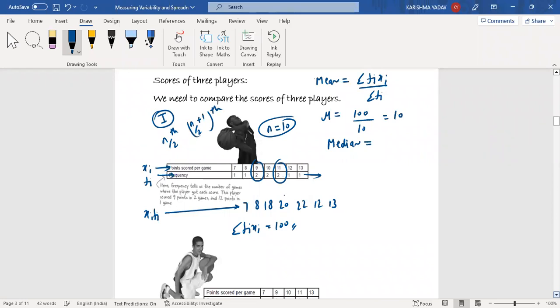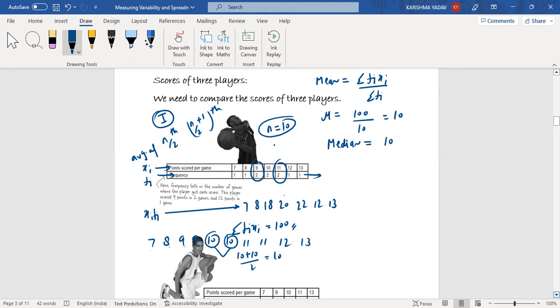The n by 2th term is the 5th term and n by 2 plus 1 is the 6th term. Arranging in ascending order: 7, 8, 9, 9, 10, 10, 11, 11, 12, 13. This is the fifth position and this is the sixth position. The average of these two, 10 plus 10 divided by 2, is 10. So my median is 10.